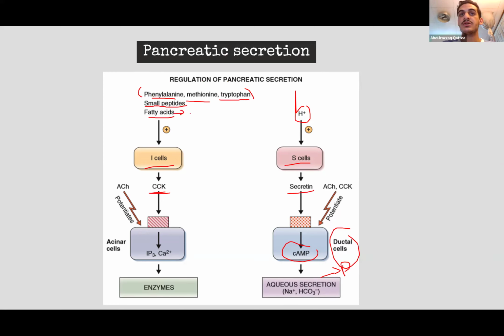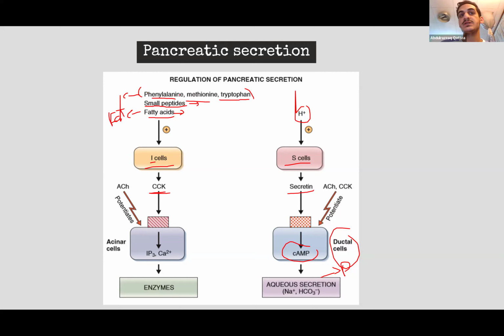Fatty acid is basically lipids. Small peptides are protein. Amino acid is also protein. So remember, fatty acids and proteins are the ones that activate the I cells. The most potent one is fat, and then protein, and less likely the sugars or the carbohydrates.